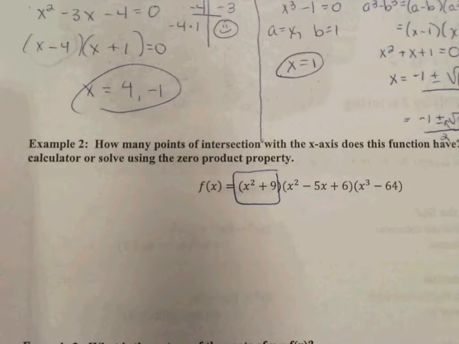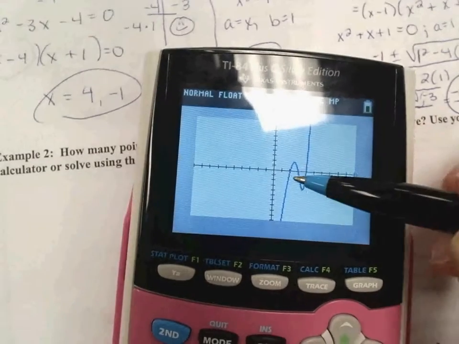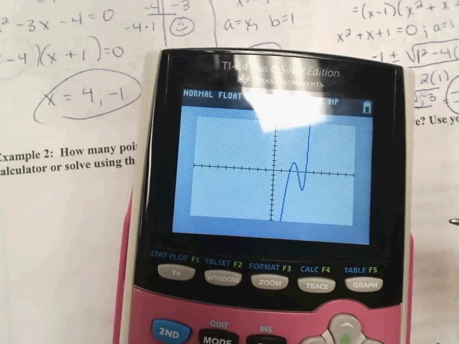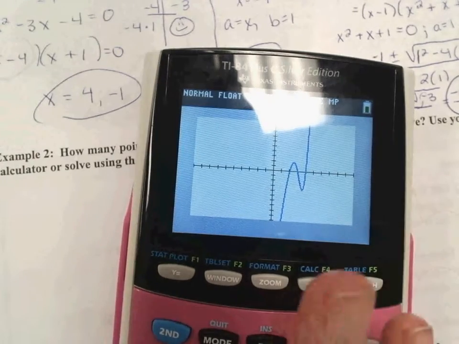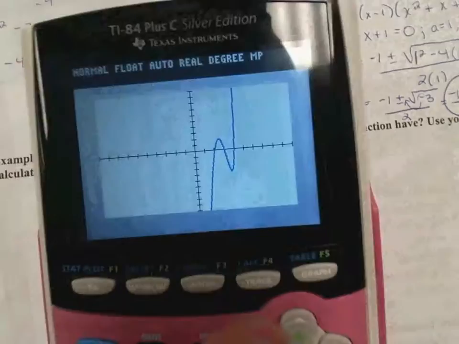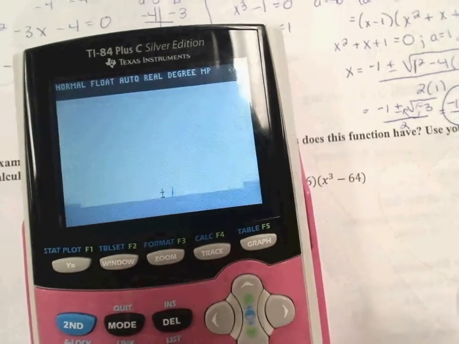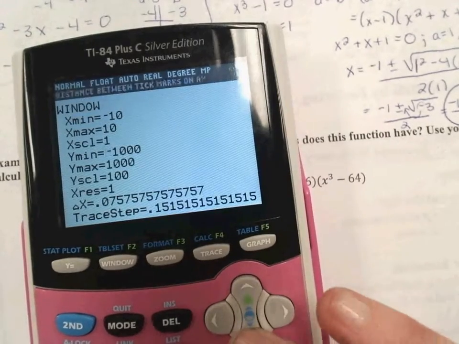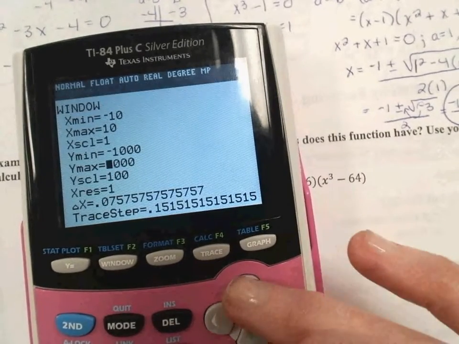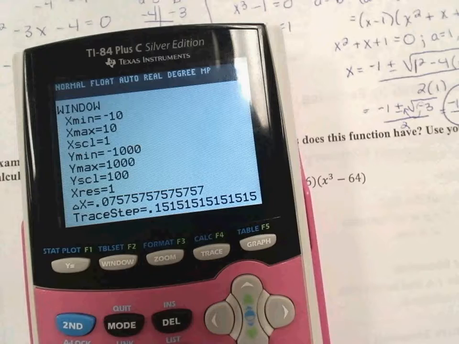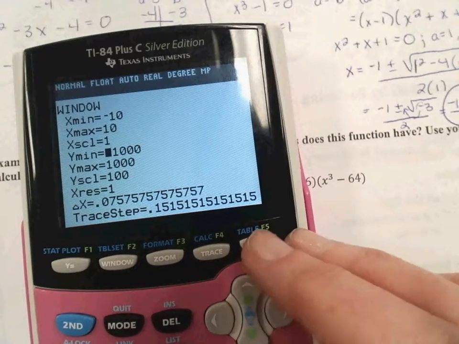Yours is just stretched out a little bit more because you said it hits like 3 times. Yours hits the x-axis 3 times. 1, 2. Okay. Yep. So yours, it looks like you could go down further on the y-axis. So your window, you might want to go ahead and change the y minimum, make your y minimum a little bit lower than whatever it is right now.